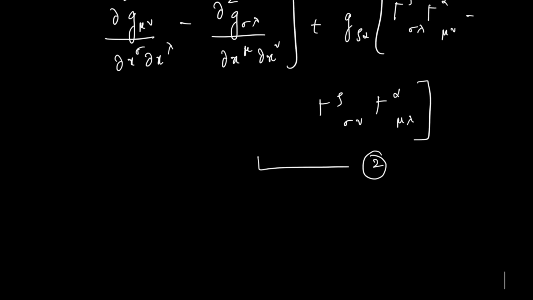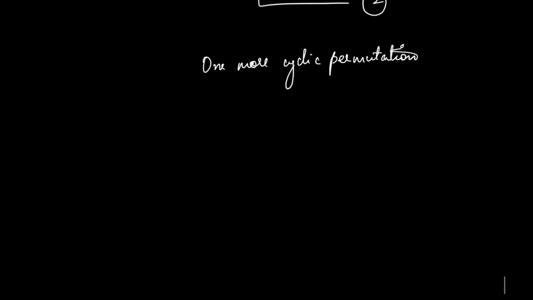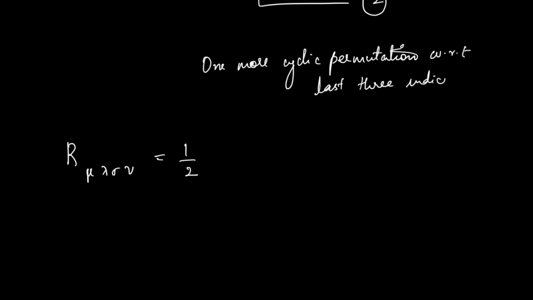Now I do one more cyclic permutation. Then I'll get R mu lambda sigma nu. So this is one more cyclic permutation with respect to last three indices only. Mu we are not touching. Mu will be there as it is.